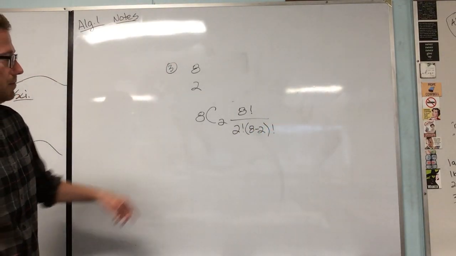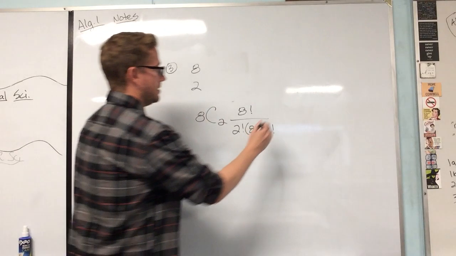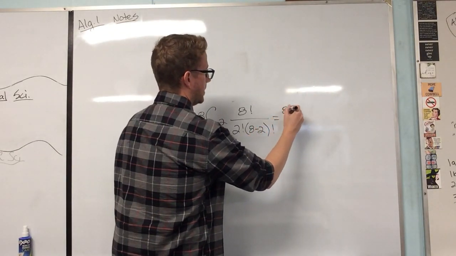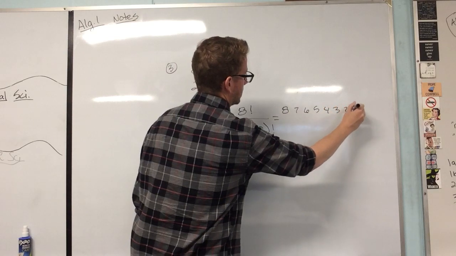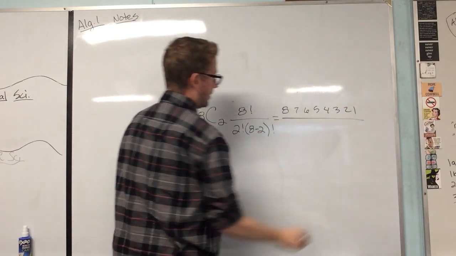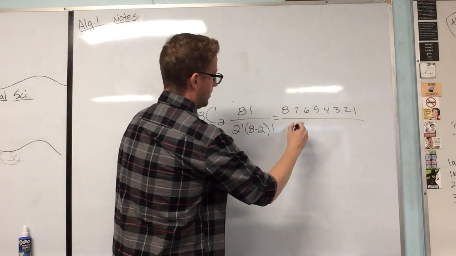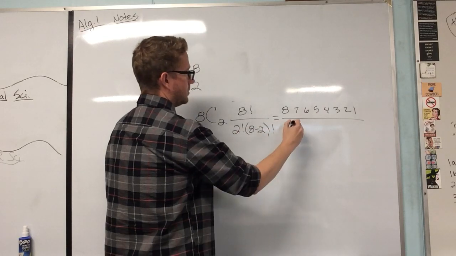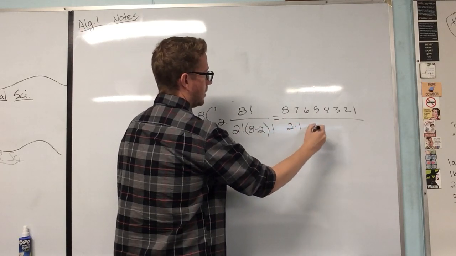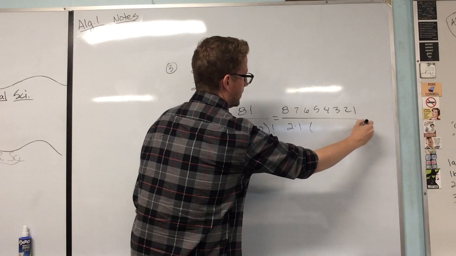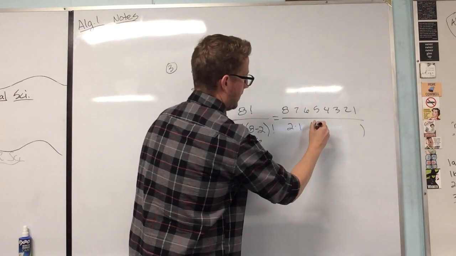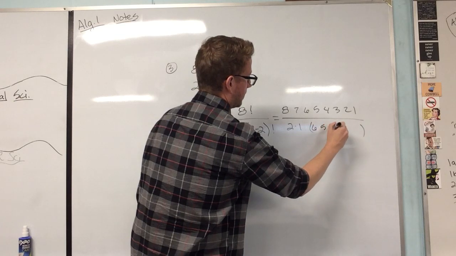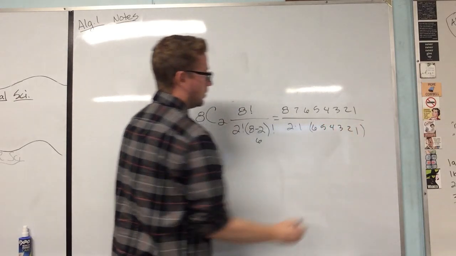Okay, so what we're looking at, if we expand this, is you have 8, 7, 6, 5, 4, 3, 2, 1, all over, and then the factorial of 2 is just 2 and 1, and then in parentheses over here, what's 8 minus 2? That's going to give us a 6. So a 6, 5, 4, 3, 2, 1.